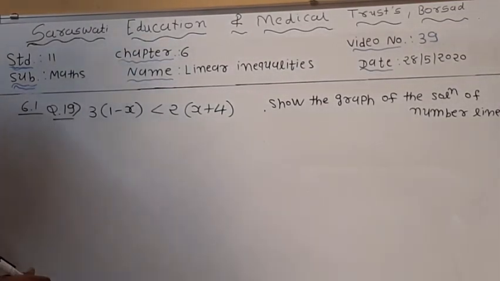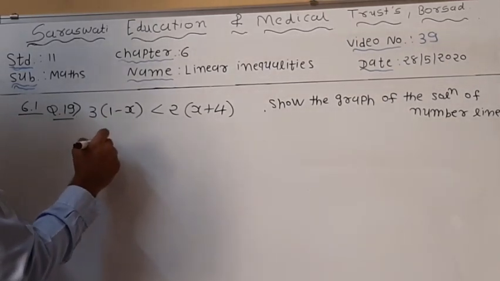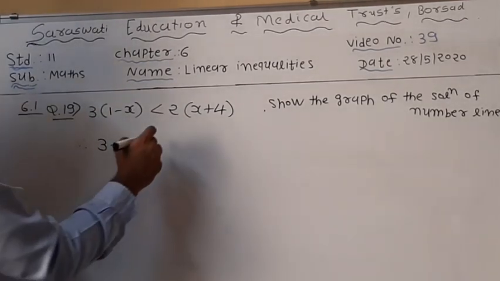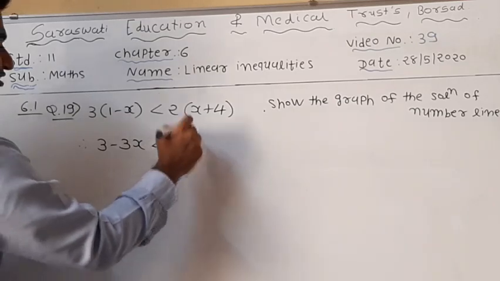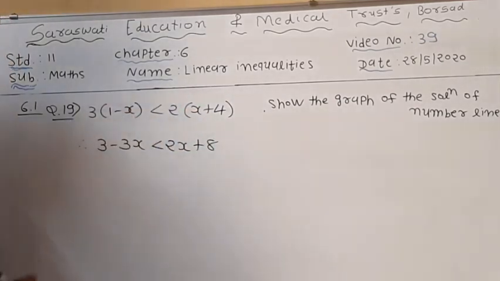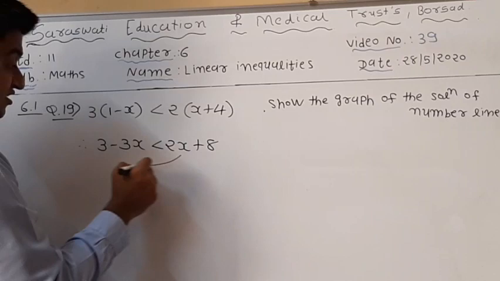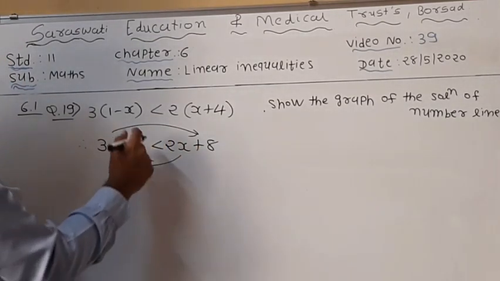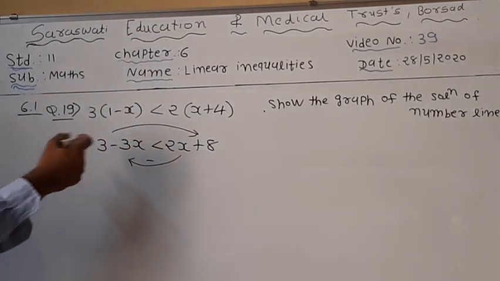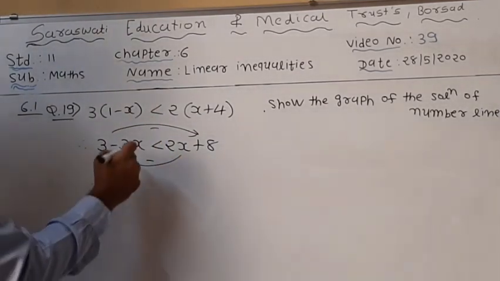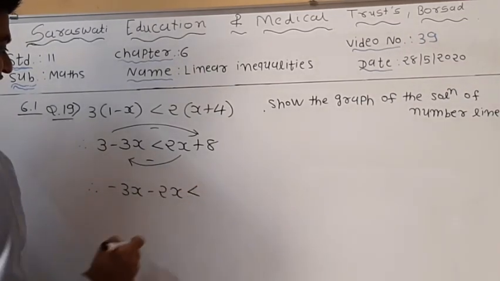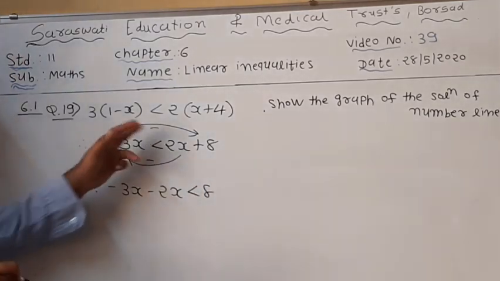So first of all solve this inequality. Therefore 3 minus 3x less than 2x plus 8. Now x terms written on one side, change the sign; constants written on the opposite side, change the sign. So minus 3x minus 2x less than 8 minus 3.